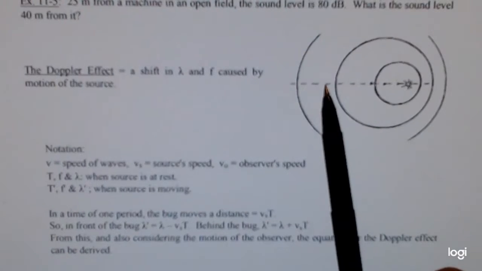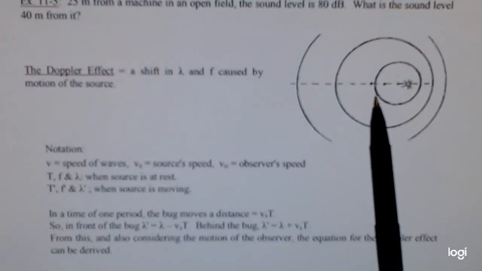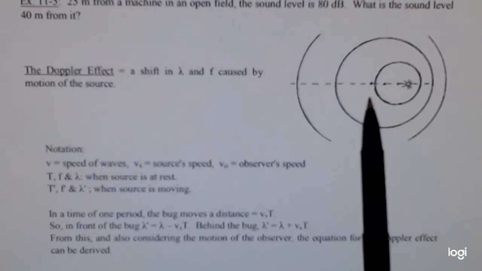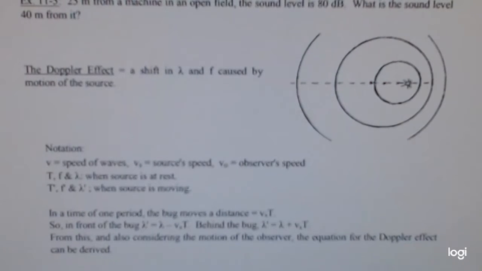Back here behind it, those longer waves will go by a certain spot less frequently than they would if the source was stationary. So, F equals V over lambda and T equals 1 over F, and you put it all in and you stir it up and you pour it out, and in the end, it's the thing that you'll see in a moment written on the blackboard when I go back to the older video. So cutting that out probably saves about 8 or 10 minutes, which I imagine you're probably grateful for.